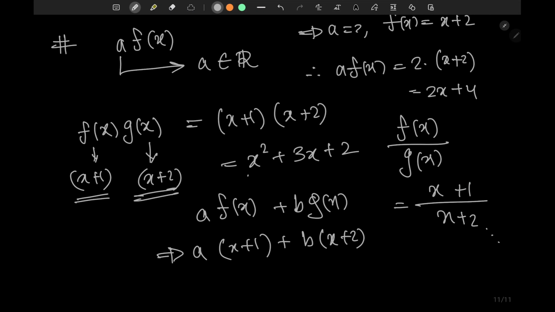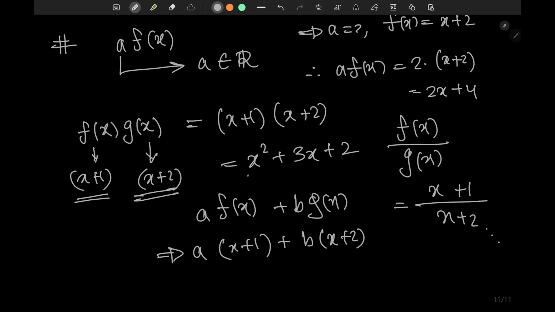So all the basic things that you can do with numbers, you can do with functions as well, because when you take an input, a real number, you also get a real number back.